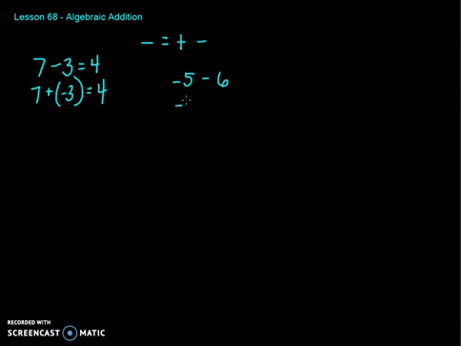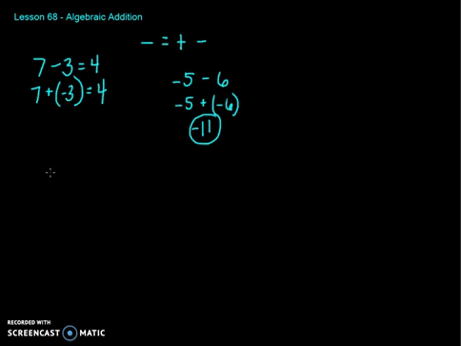So it's negative 5, and instead of a minus, we make it plus a negative 6, because subtraction is the same as adding a negative. Well, this is really easy because we did really well on these before. This ends up being negative 11. So we can switch that subtraction to adding a negative.